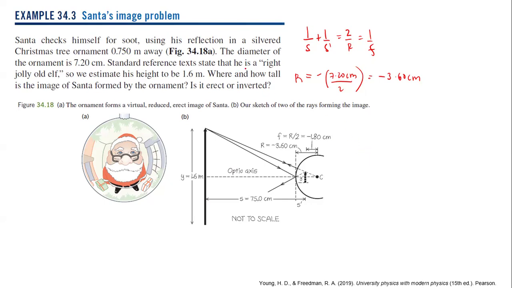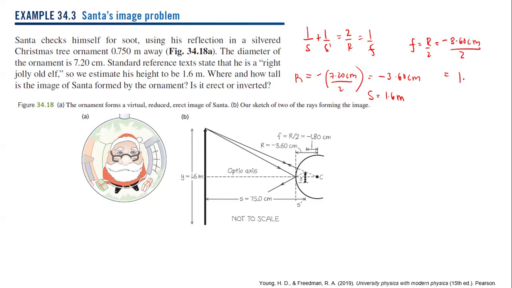Okay, so given that s is 1.6 meters, we can actually calculate also the F. F is equal to R over 2, which is equal to negative 3.60 centimeter over 2.